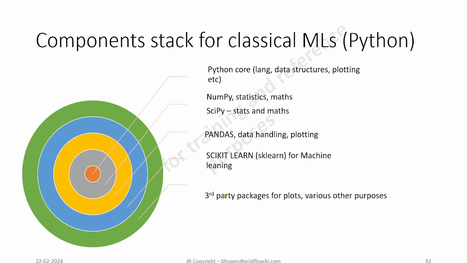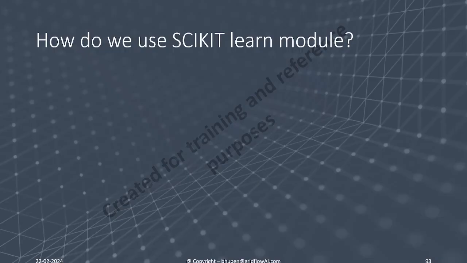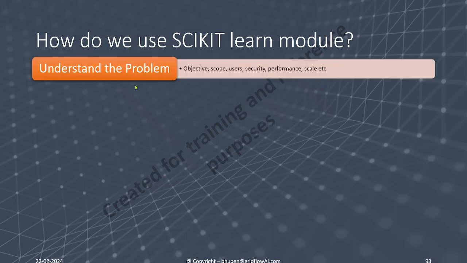Plus, there will be hundreds of third-party libraries that we will need to use to build the machine learning models. We're going to focus on scikit-learn for most of the classical machine learning models. How do we use the scikit-learn module? First, we need to understand the problem.